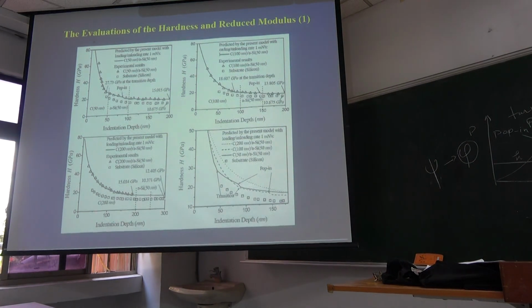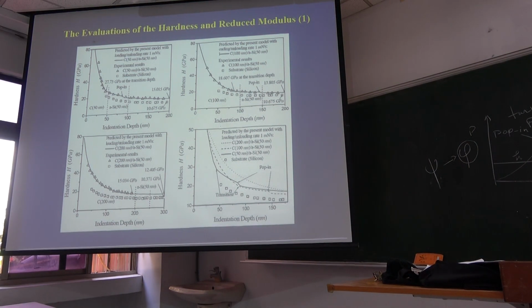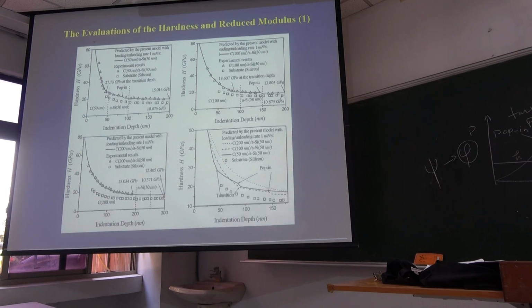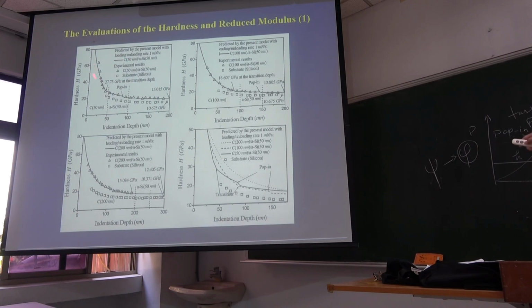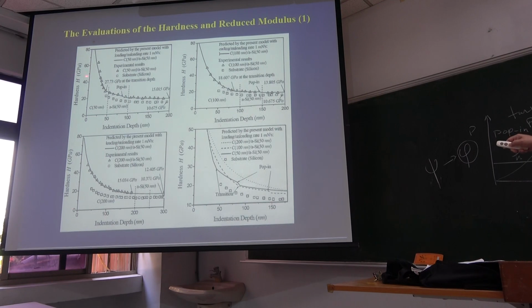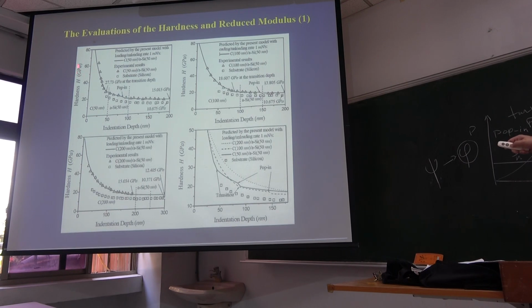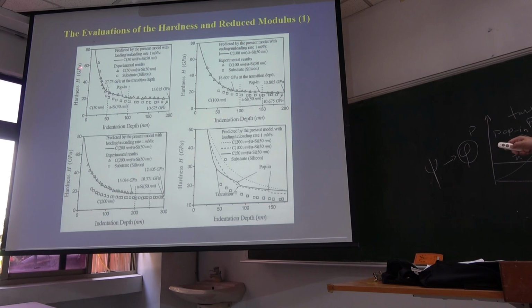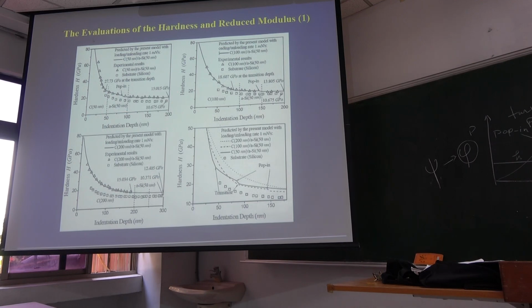So we show the result. This shows you the plot of the hardness and the reduced modulus. The hardness is shown here. All right, you have to take care of this unit. If some of the units are not correct, it means your result maybe has a problem.